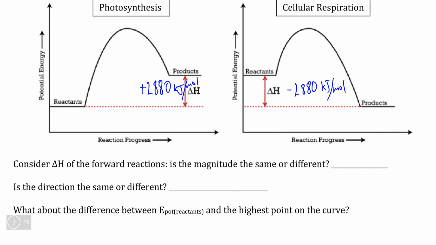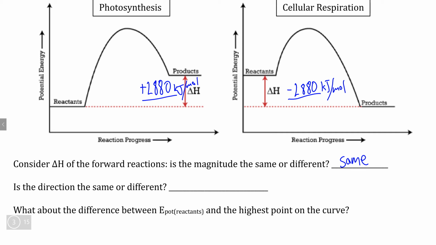And this makes sense. The magnitude, because cellular respiration and photosynthesis are the same reaction, but simply looked at from a different starting point, it makes sense that the magnitude of each of these delta H numbers is exactly the same, because you're dealing with the same compounds, just in a different order.